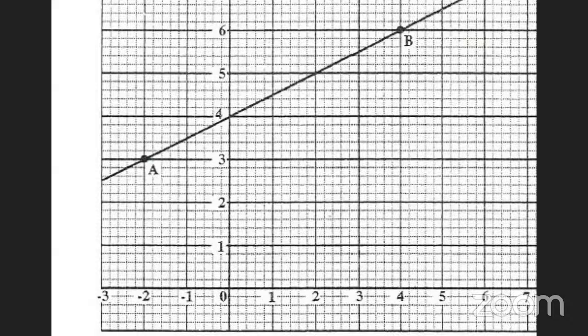Read off A and read off B. Then I'll go to the question. A is what? Minus 2, 3. And B is 4 and 6. Okay?